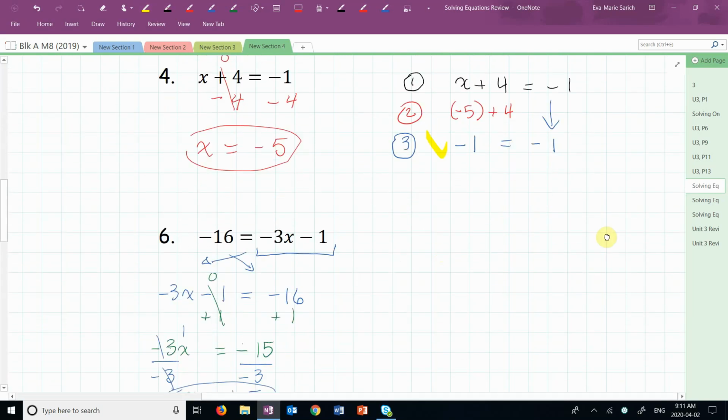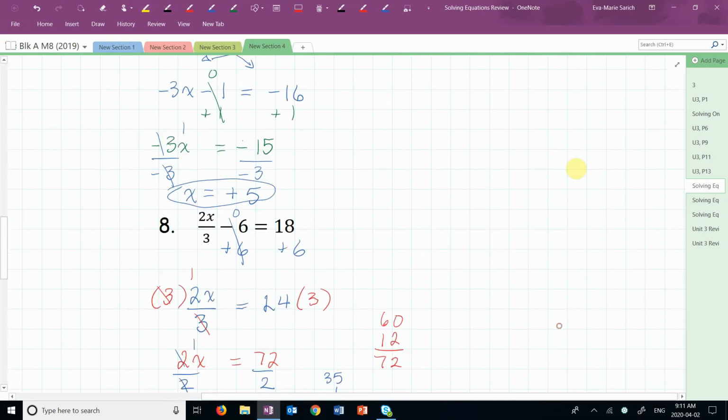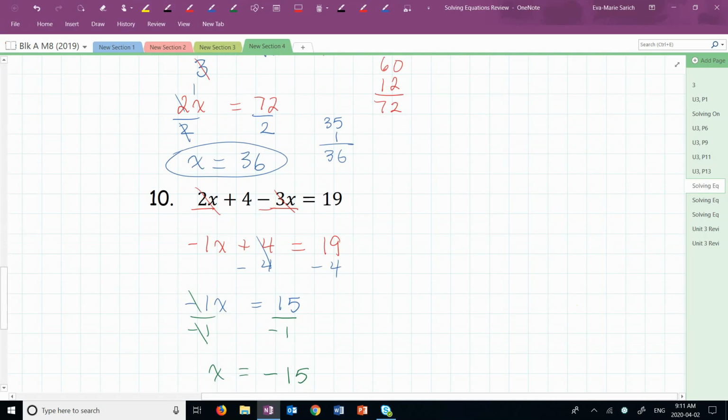Okay. We'll do maybe a more complicated one. I'll go down to example 10 here. Again, start with the original equation: 2x plus 4 minus 3x is equal to 19. That's our first step.